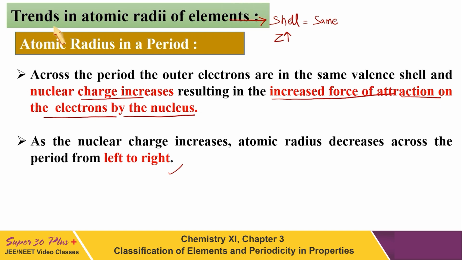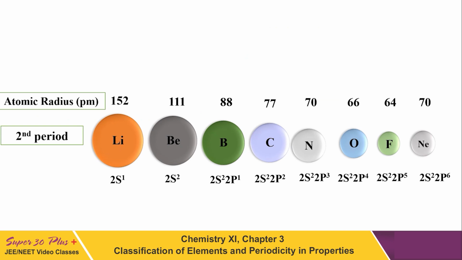So this is the trend of atomic radius of elements. Here is the data of the atomic radius of second period members: lithium, beryllium, boron, carbon, nitrogen, oxygen, fluorine and neon. And you see the size in their radius.